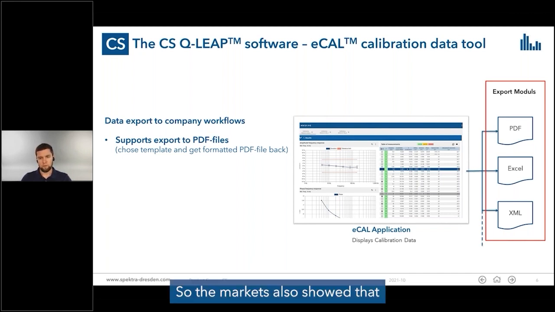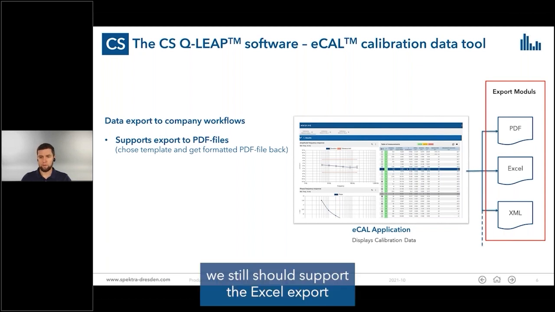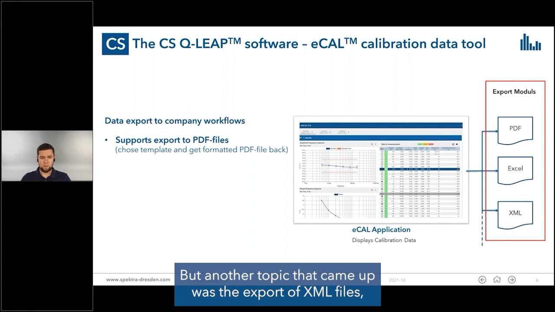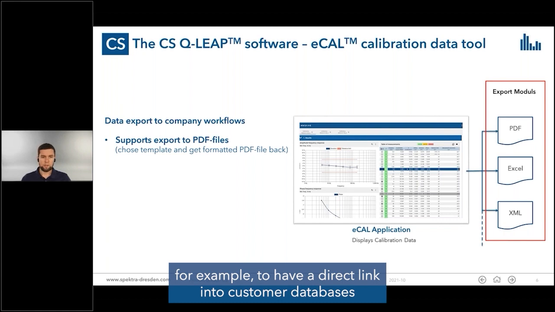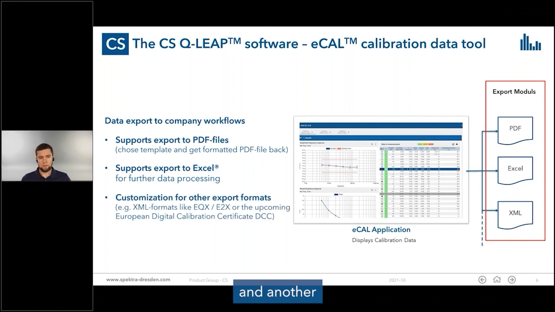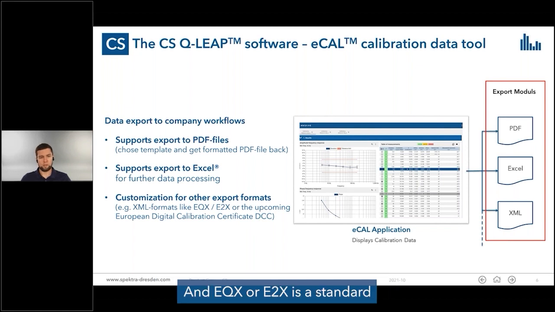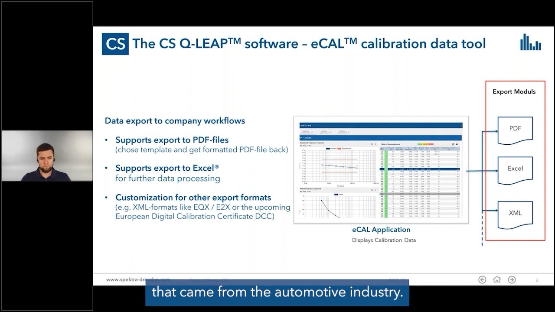The market also showed that we still should support the Excel export for further data processing or for evaluation of data. But another topic that came up was the export of XML files, for example, to have a direct link into customer databases. Another type that was desired was the XML format EQX, for example, and EQX or E2X is a standard that came from the automotive industry.